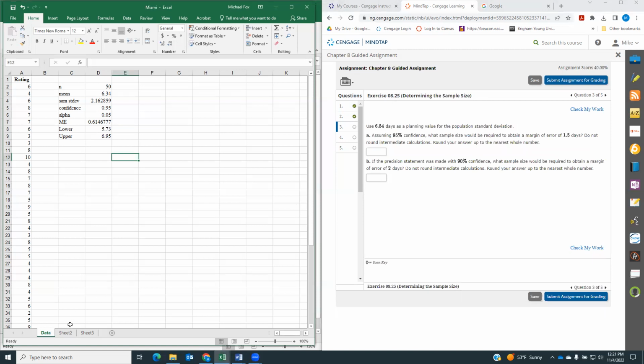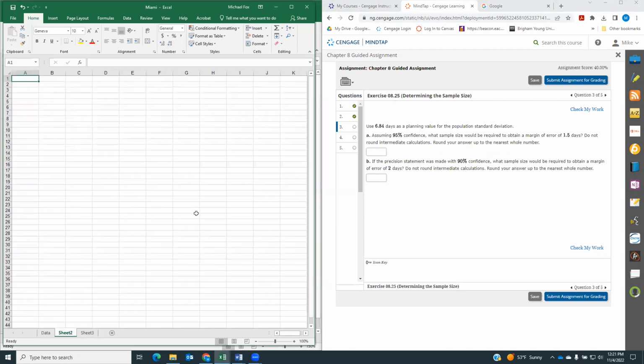So number 3 now is asking us, let's see, use 6.84 days as a planning value for the population standard deviation. Assuming 95% confidence, what sample size would be required to obtain a margin of error of 1.5 days? Do not round intermediate calculations, but round your final answer to the nearest whole number.